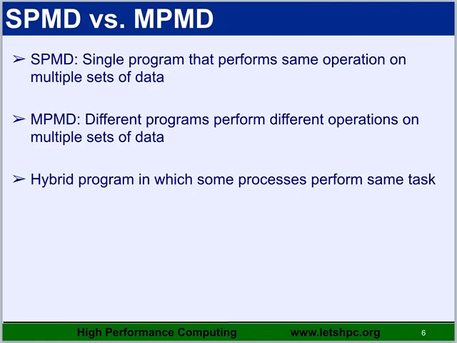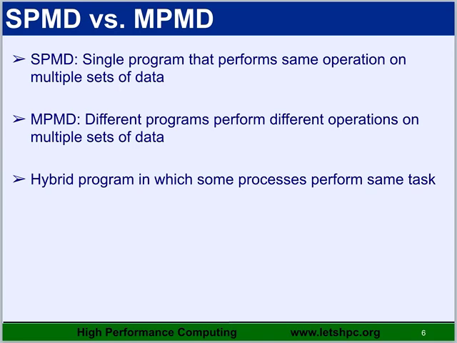Before we go into the details of the protocols which are associated with the message passing paradigm, let us look into these two different models that we call SPMD and MPMD. SPMD is basically a single program that performs the same operation on multiple sets of data. So basically, you have a single a.out or executable.